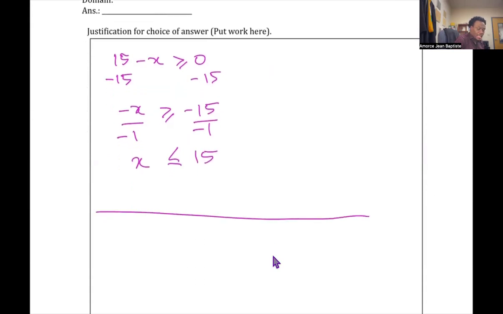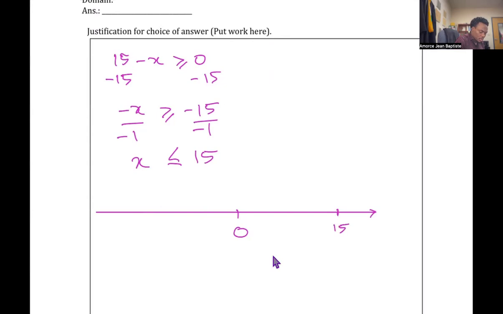On the number line, let's see how it looks. If this is 0, positive 15 will be on the right because it's positive, and it's included.